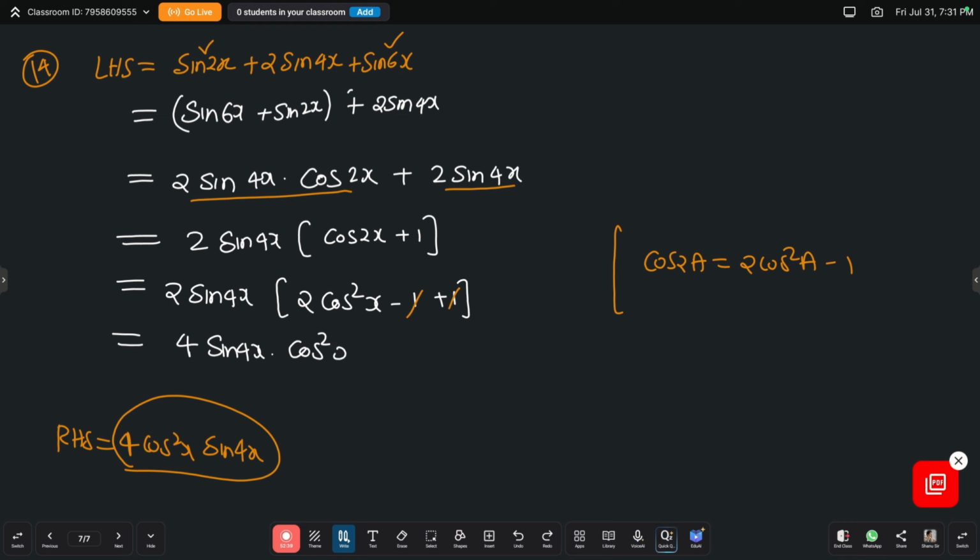It implies it is 4 cos square x into sine 4x. RHS came, yes, hence proved.